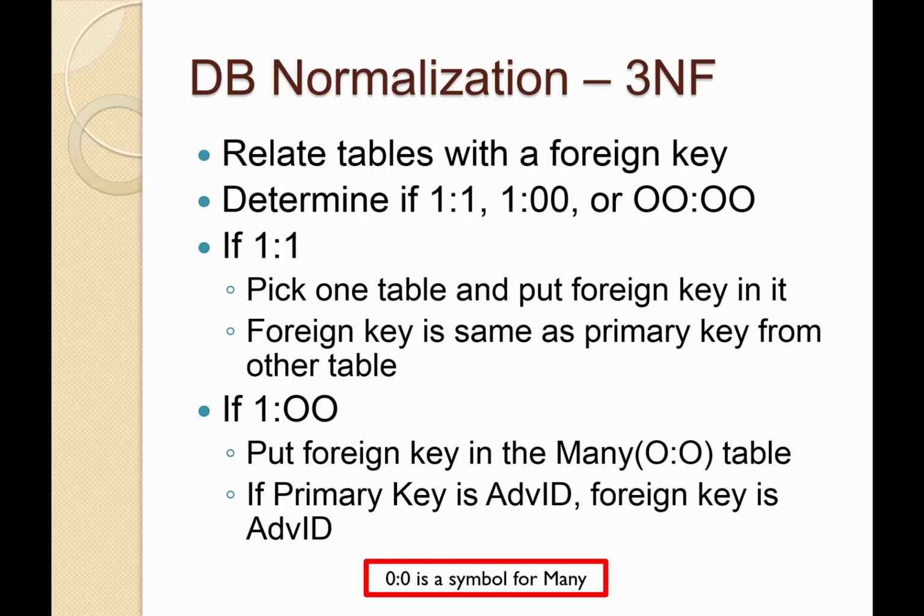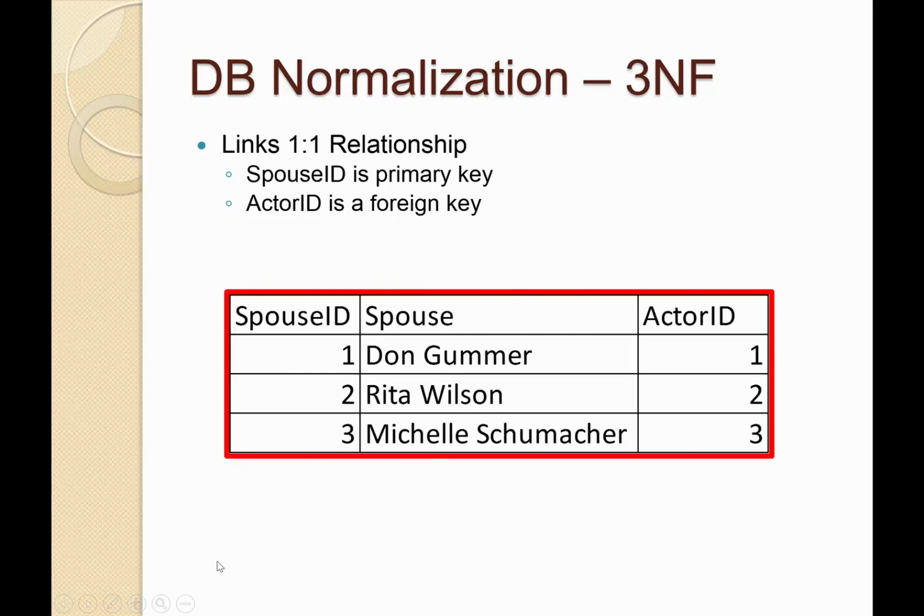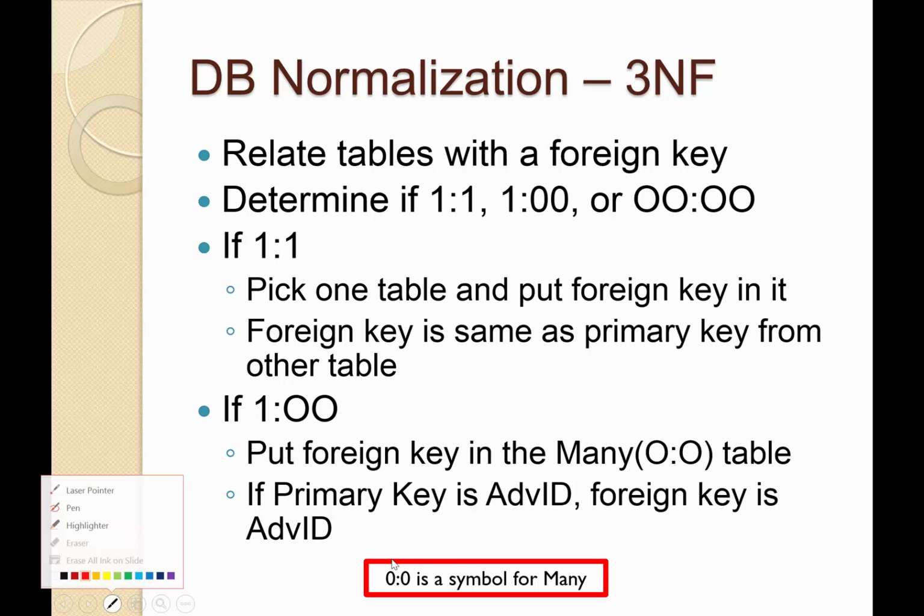So if the primary key is actor ID, then the foreign key would also be actor ID. This says advisor ID, but that should really be actor ID. So let's cross that out really quick. Let's do pen.